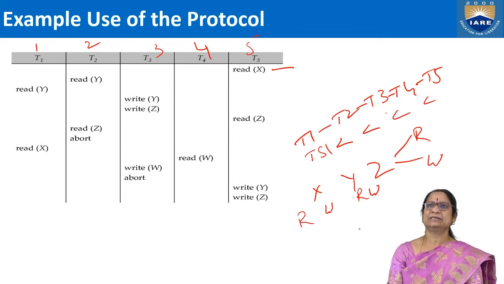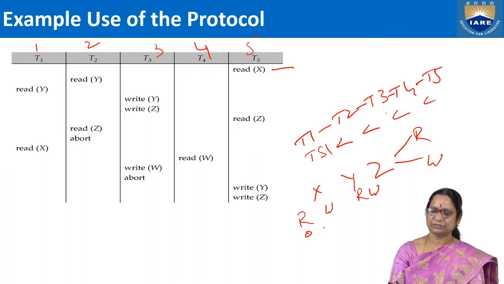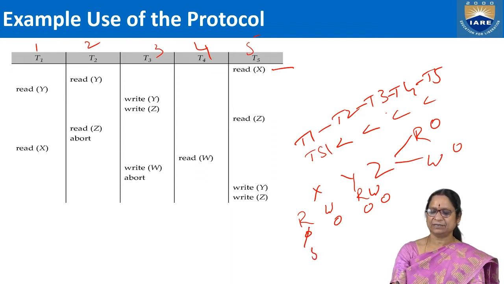Let us assume that initially everything is 0. Read X means 0 is there, but T5 is reading, so it is updated with the T5 value.